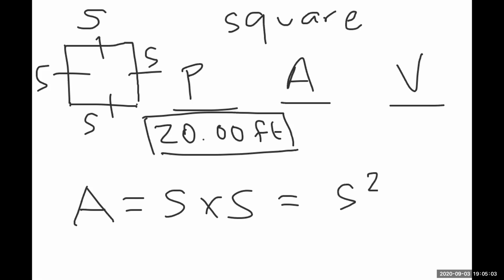It means the same thing, okay? So again, if S was 5 feet, you would have 5 times 5 is 25, and the area would be 25 square feet.